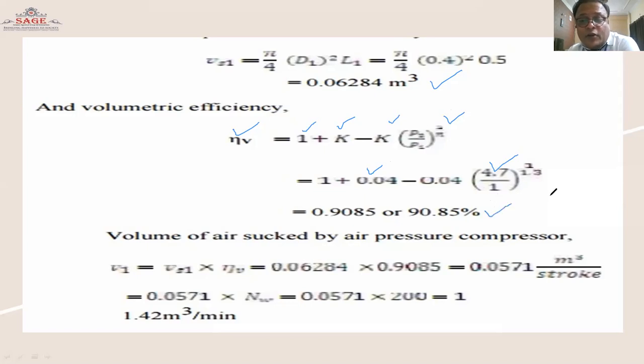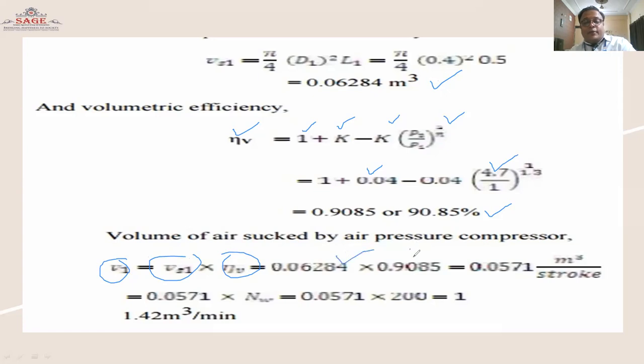90.85%, and the volume of air sucked by the air compressor, how much actual volume, will be calculated as V1 equal to Vs1 into eta v. So eta v, the volumetric efficiency, is equal to the actual volume, reduced to the normal temperature pressure condition, to the swept volume. The swept volume is coming here and the volume required can be calculated by multiplying by the volumetric efficiency.